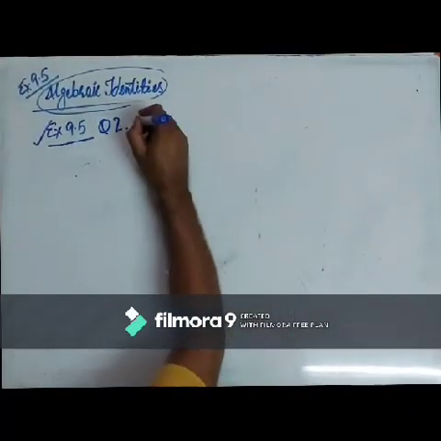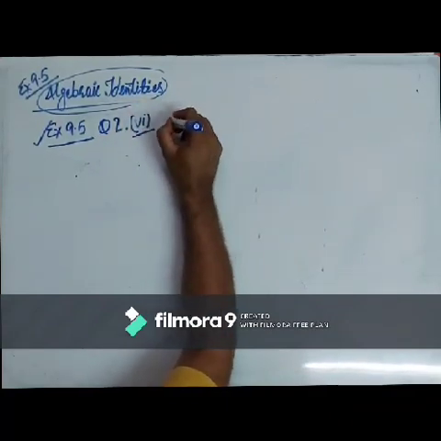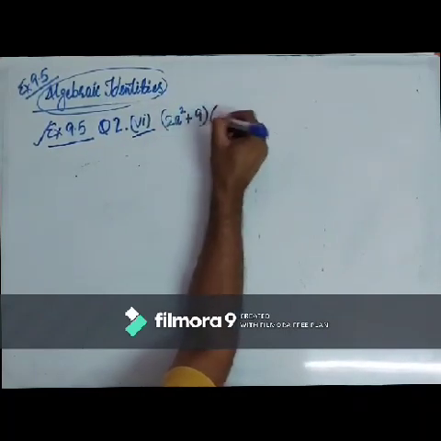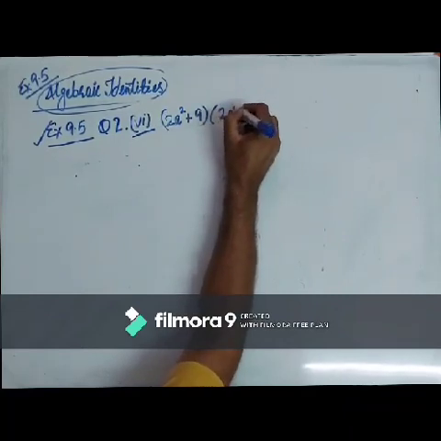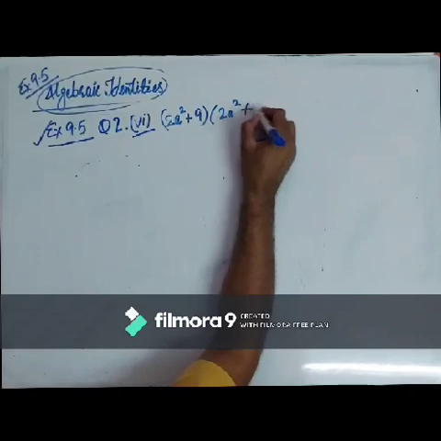Let me do part number 6. Part number 6: 2a square plus 9 into 2a square plus 5.